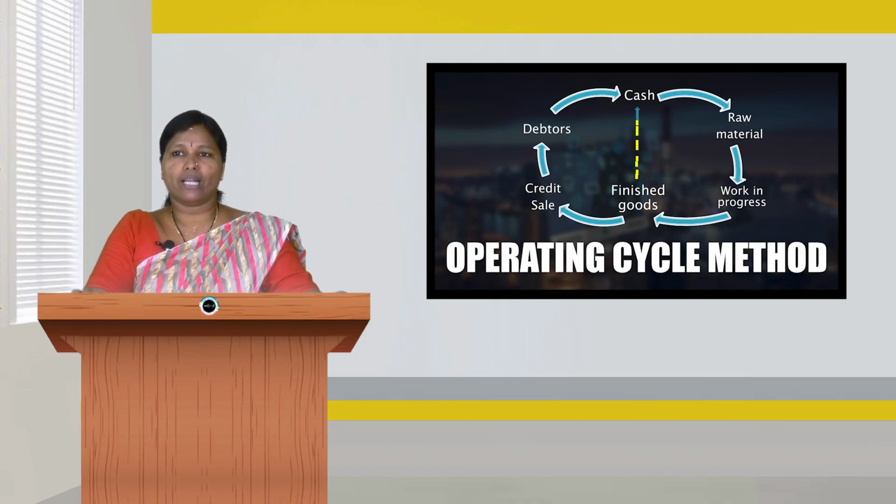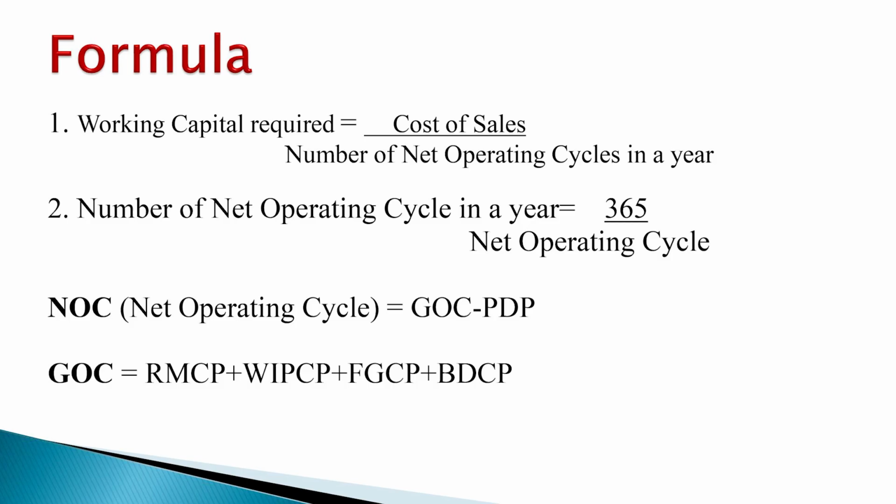So we finished the first step. Then go to the next step, the number of net operating cycles in a year. The formula is: number of net operating cycles in a year is equal to 365 divided by net operating cycle.